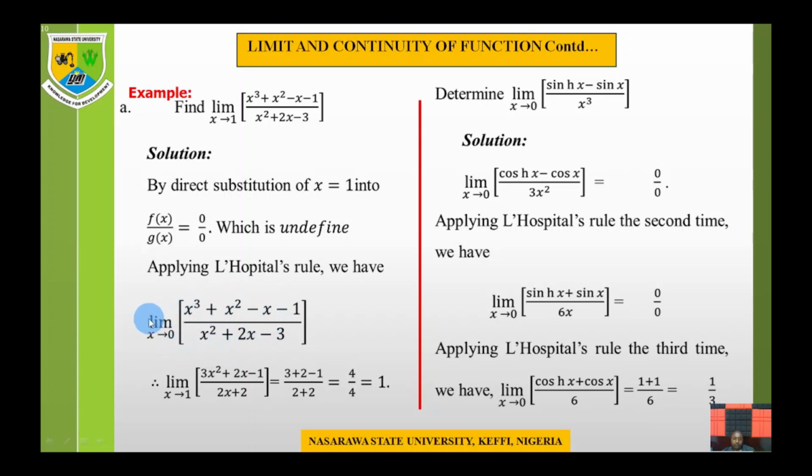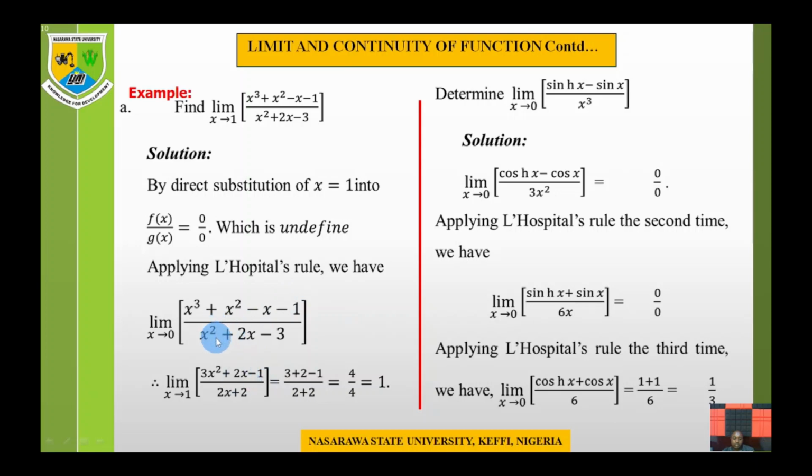So the limit of this function as x approaches 1 will now be equal to the limit of 3x squared plus 2x minus 1. If you look at the numerator here, it is the derivative of the original numerator. If you differentiate x cubed, you will have 3x squared. When you differentiate x squared, you will have 2x. You differentiate x, you have minus 1. Minus 1 here is a constant, so its derivative is 0. That's why it is not appearing here.